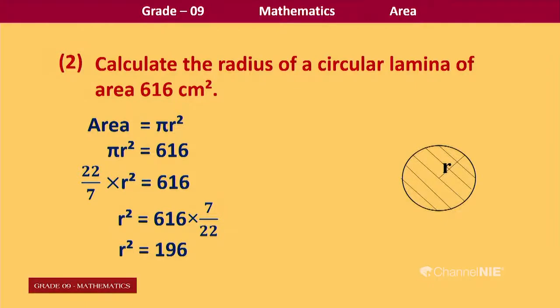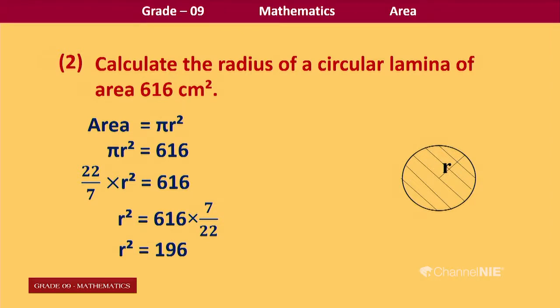Now multiplying both sides by 7, 7 and 7 cancelled, 616 multiplied by 7 and divided by 22. Here 22 and 22 will be cancelled. Here 7 over 22. Now you can simplify 616 and 22. First divide by 11.